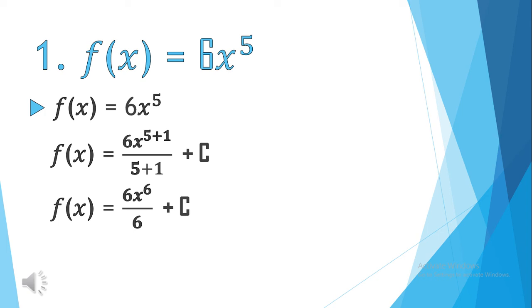Then add the exponent and denominator and do the cancellation. So F of x is equal to 6x raised to the power of 6 over 6 plus c. Cancel the 6, F of x is equal to x raised to the power of 6 plus c is our final answer.